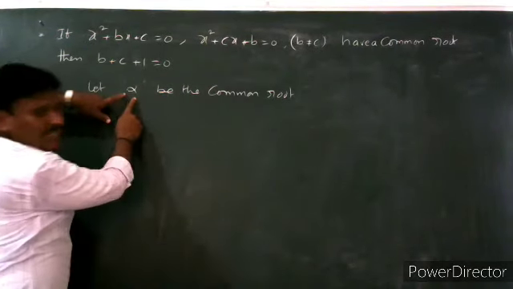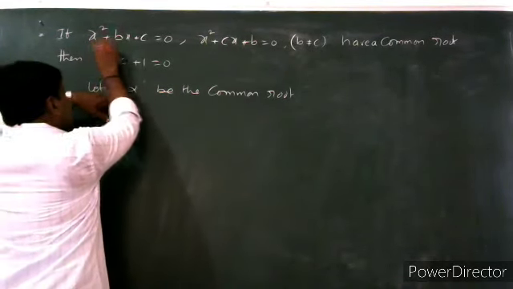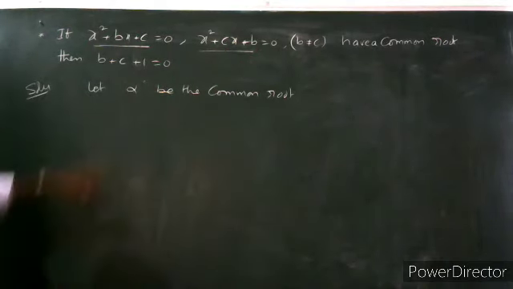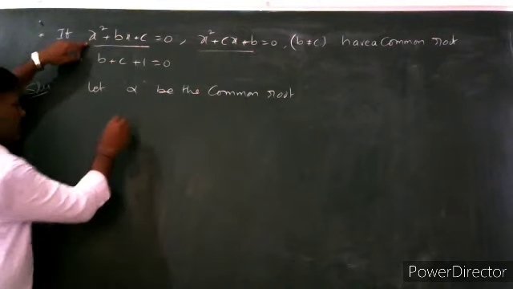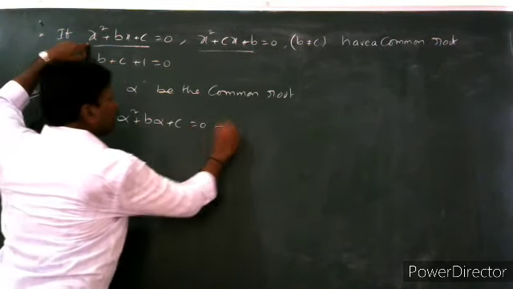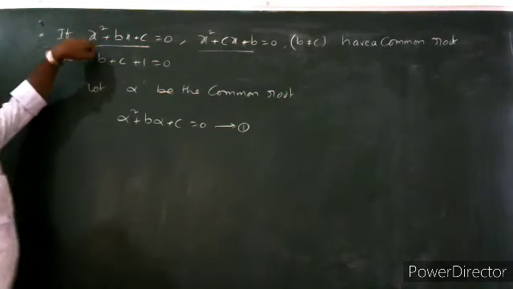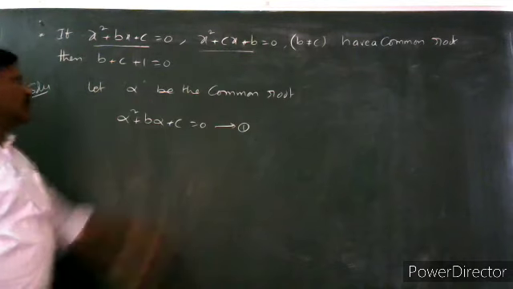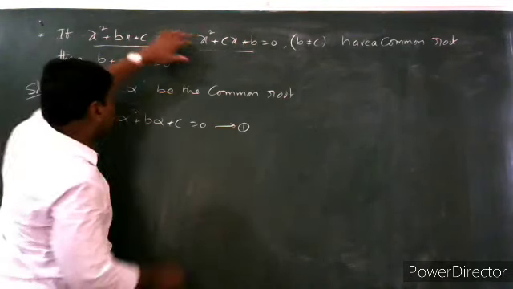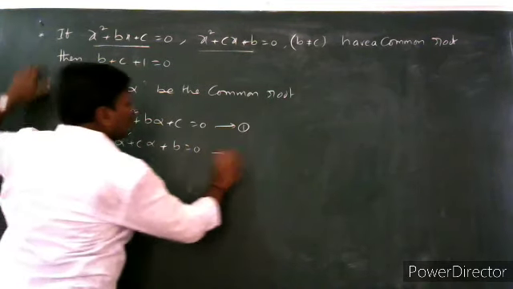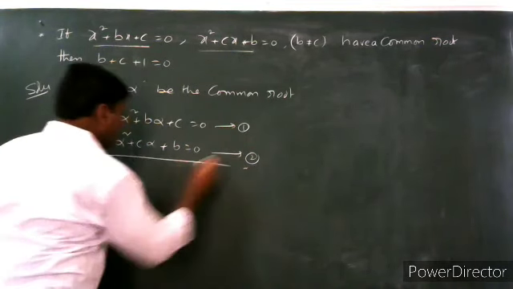That means this alpha value satisfies this equation and also this equation. Alpha satisfies this equation means alpha square plus b alpha plus c is equal to 0. Alpha also satisfies this equation, so substitute alpha value in this: alpha square plus c alpha plus b is equal to 0.